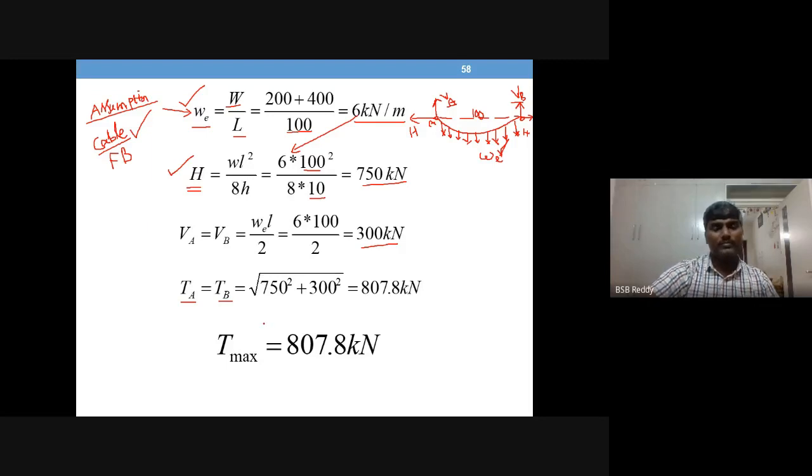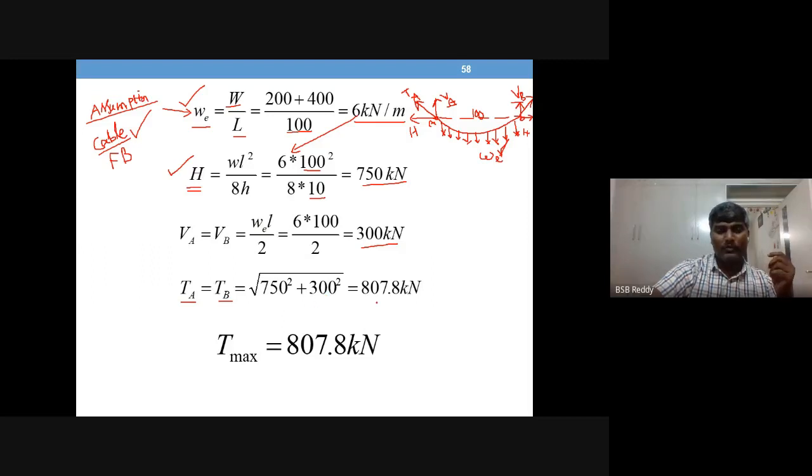So once you get these two reactions, TA, TB mean the tensile force at A, nothing but the resultant at A, and the tensile force at B, nothing but the resultant at B. The resultant is the square root of horizontal force square plus vertical force square.